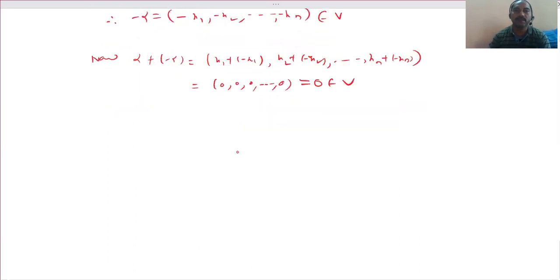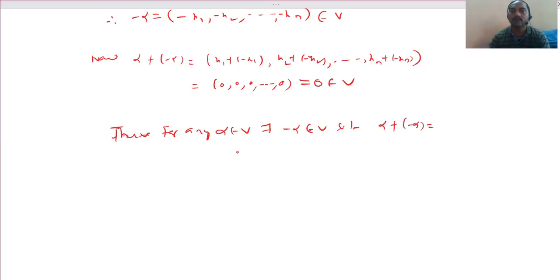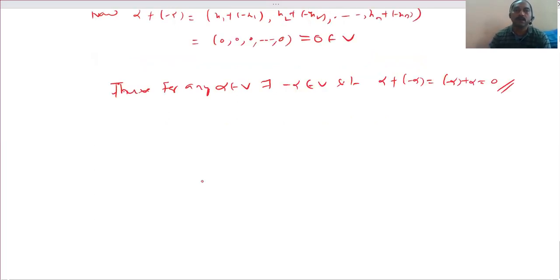Therefore, the inverse also exists. Thus, for any vector alpha in V, there exists minus alpha in V such that alpha plus of minus alpha is the same as minus alpha plus alpha equal to identity. Inverse over.